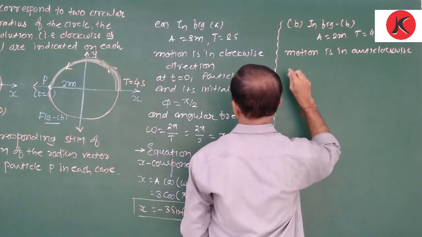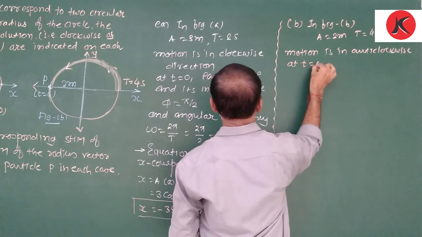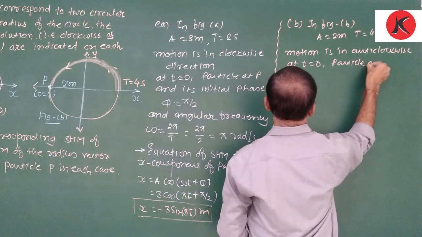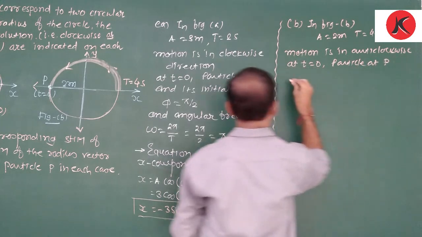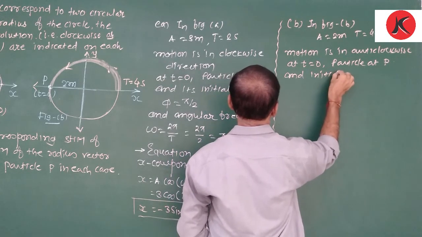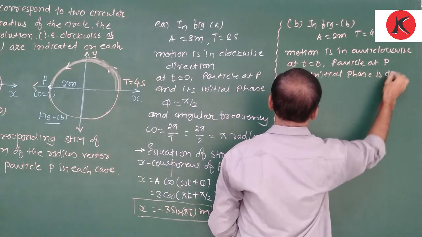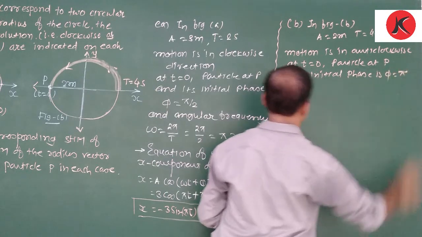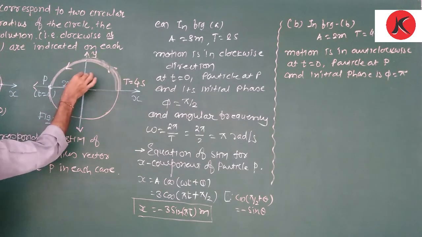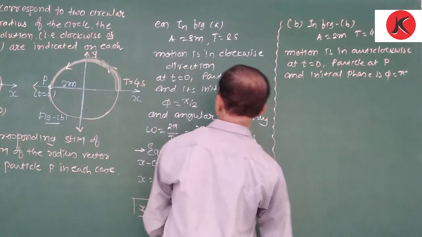Motion is anti-clockwise, and at t is equal to 0 the particle is at P, and its initial phase phi is equal to pi. This and this: pi by 2 plus pi by 2 means pi.